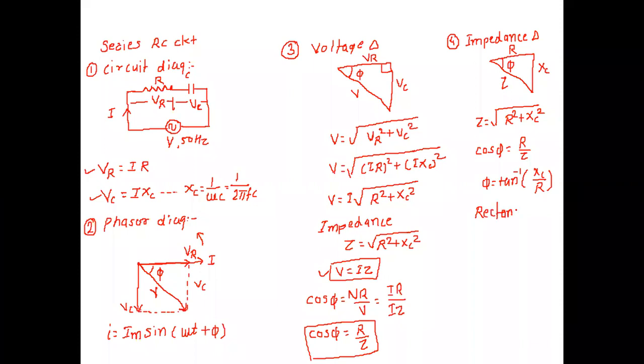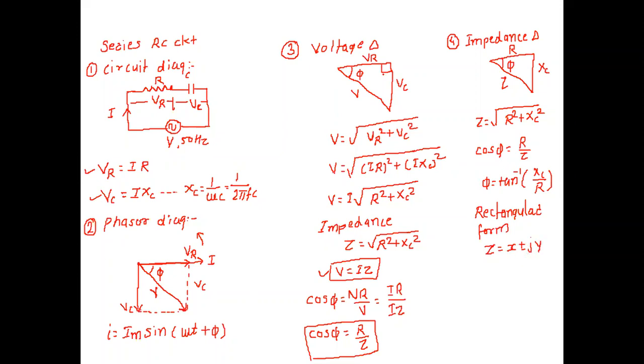And now if I want to write this impedance for series RC circuit in a rectangular form, how can you write it down? As you know, for the rectangular form, if I want to write Z in rectangular form, we require its X component and Y component.